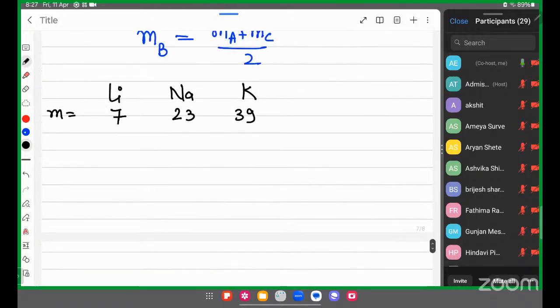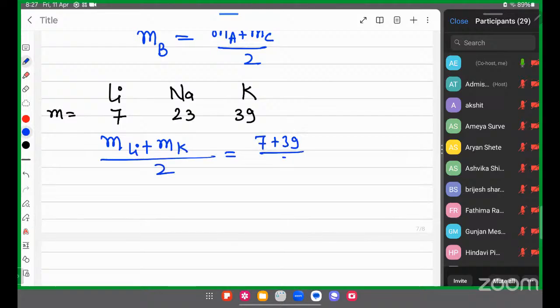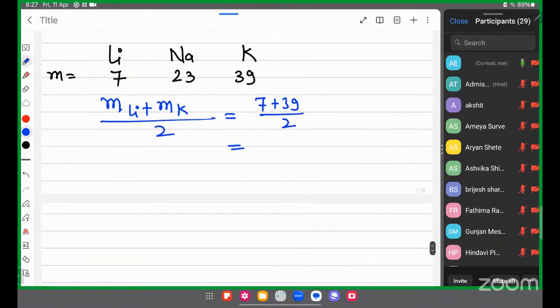If you take the average of the mass of lithium and the mass of potassium, it is 7 plus 39 divided by 2, which is 46 divided by 2, which is 23, the same as the mass of sodium. So this is the concept given by Dobereiner.